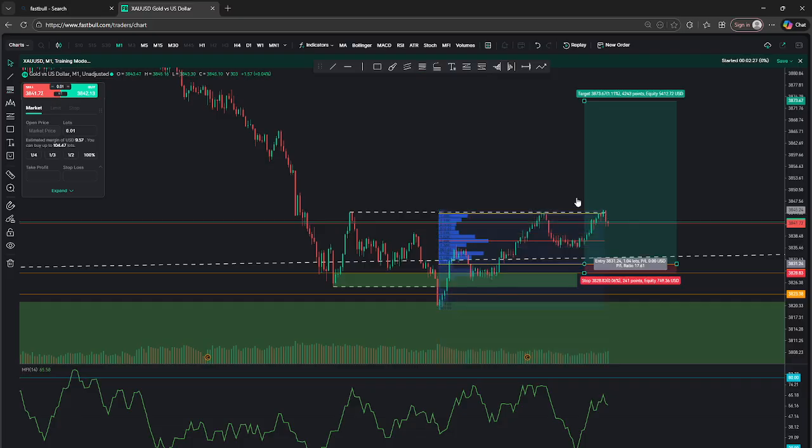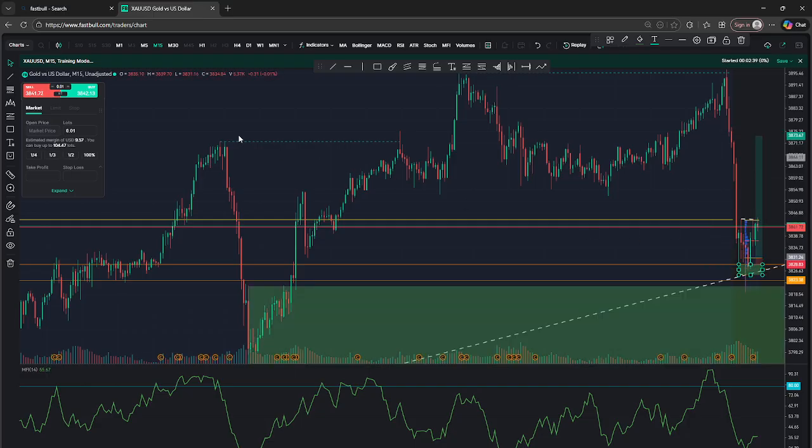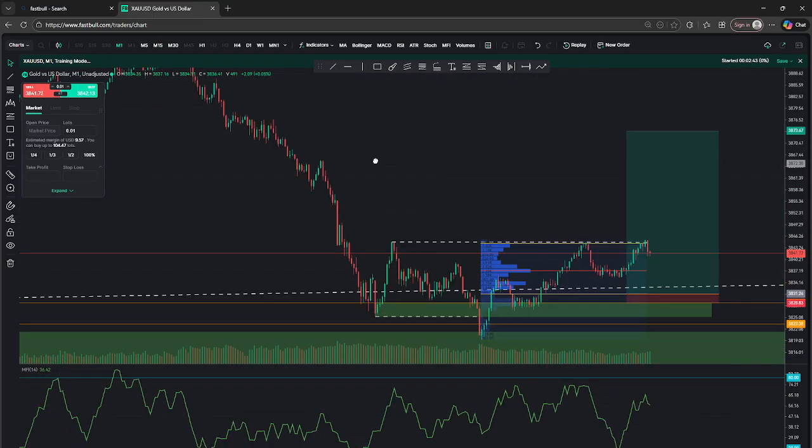So yeah, it's still in a good range. Let's see it hold. Let's check the 15 minutes. Yeah, 15 minutes, still in our zone.